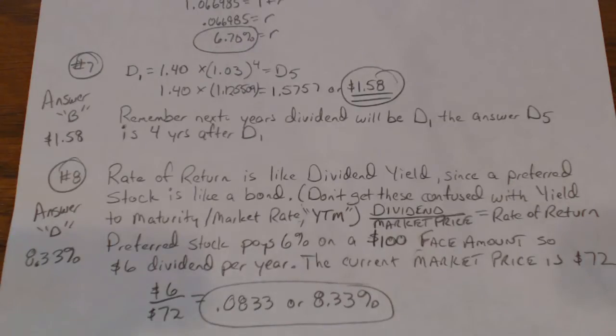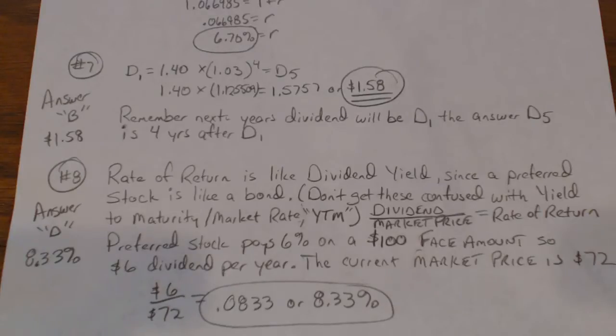It's a 6% preferred stock, which means it's paying 6% on $100 par, so it's paying $6 a share. And you know that the current price is $72, so the dividend yield or the rate of return is $6 divided by $72. It's 0.0833 or 8.33%.